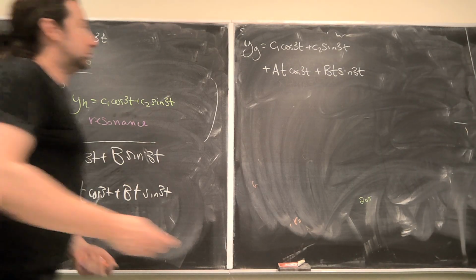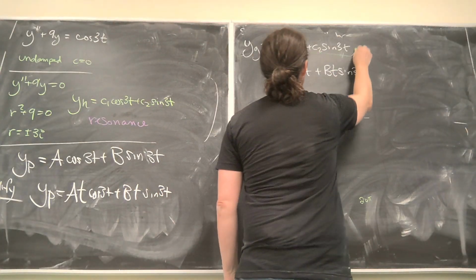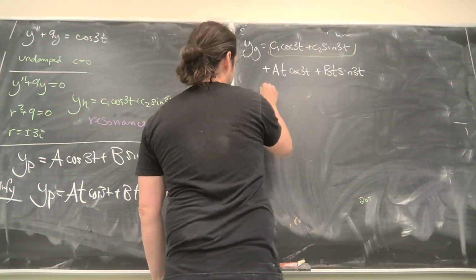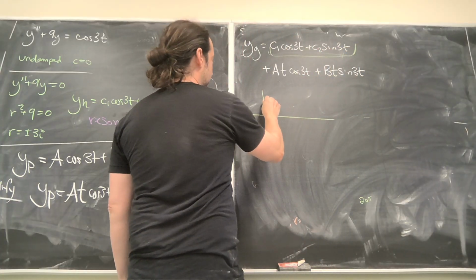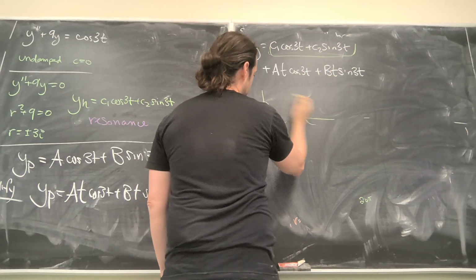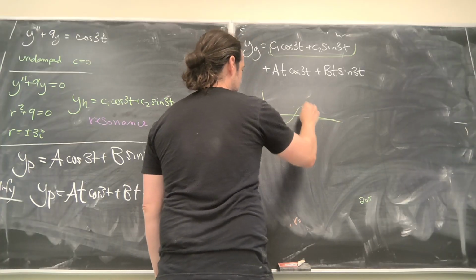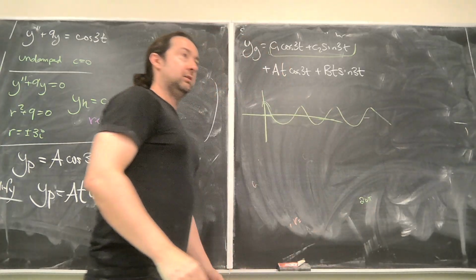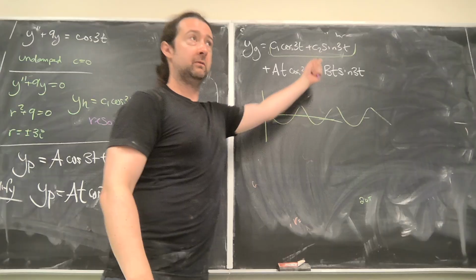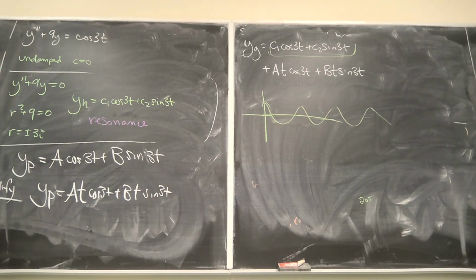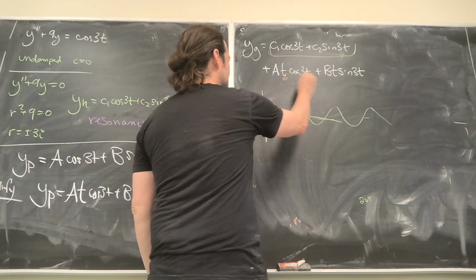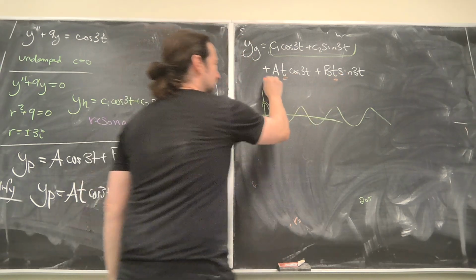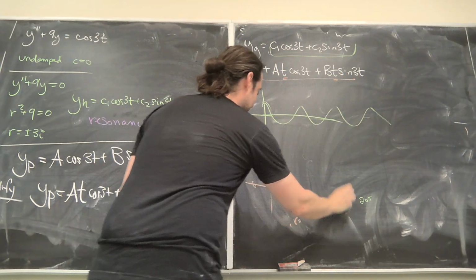So this part, y_h right here, acts like this. Whatever its amplitude is, it just stays the same amplitude. It doesn't change. It's got constant amplitude. What does the other one do? There's t's in here. So this one acts like this.